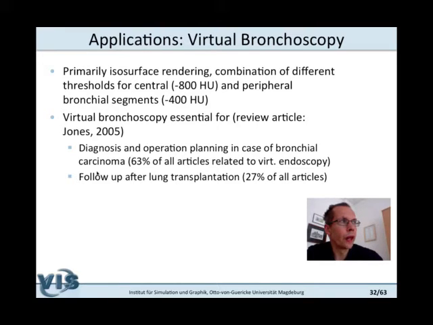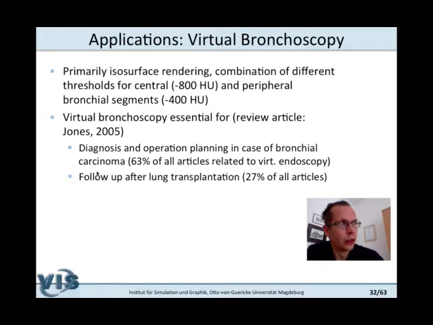There are some severe lung diseases like fibrosis of the lung or lung emphysema. If they reach really a late stage and are extended, then people need a lung transplant to survive. And if such a lung transplant is actually possible, you know, it's not so easy to find an appropriate donor for such a transplant, but imagine that works, then follow-up investigations are necessary in order to analyze the state of the lung and perhaps to detect early that there are some new health problems related to the lung.